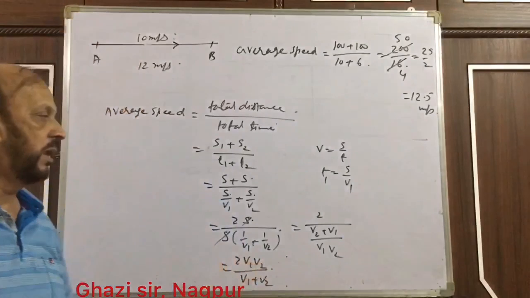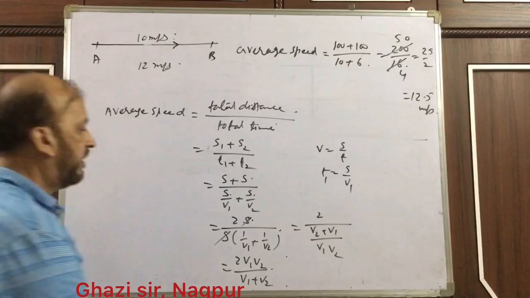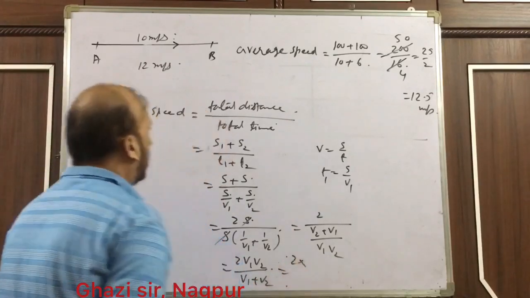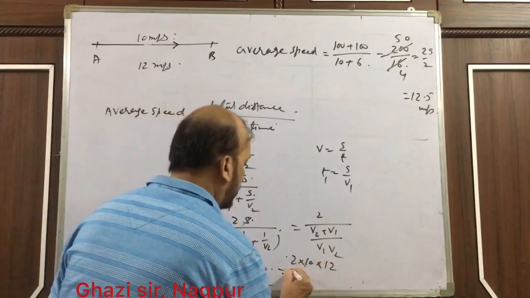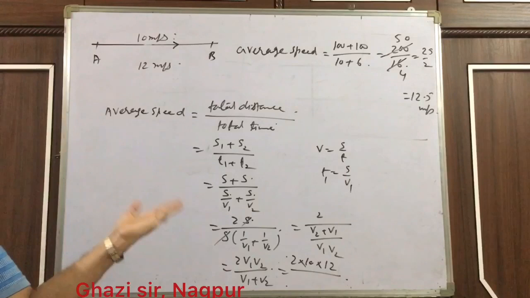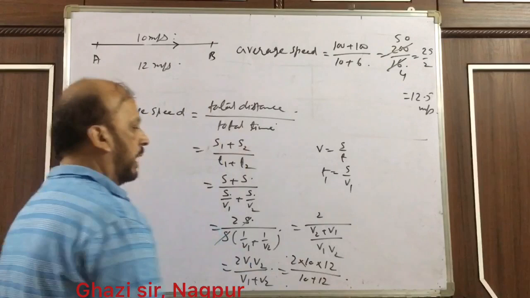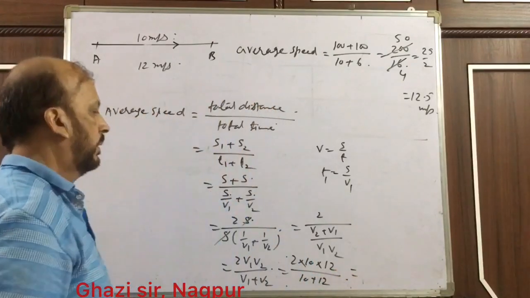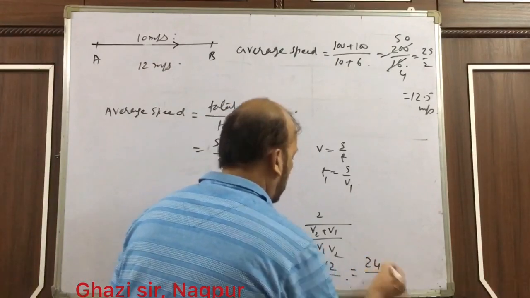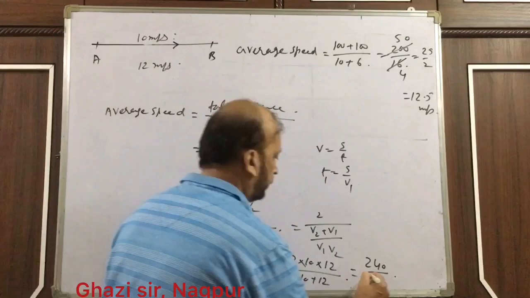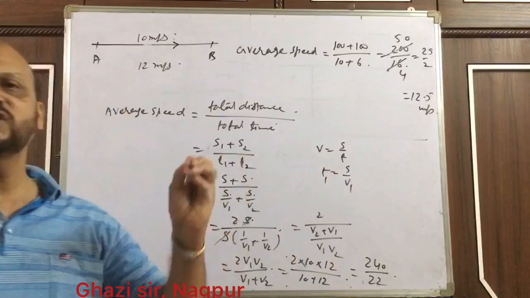Then this is the simple formula, 2V1 V2 upon V1 plus V2. So his average speed is 2 into V1, which is 10, V2 is 12, upon V1 plus V2, so 10 plus 12. That is equal to 240 upon 22. So just solve it, we get the average speed.